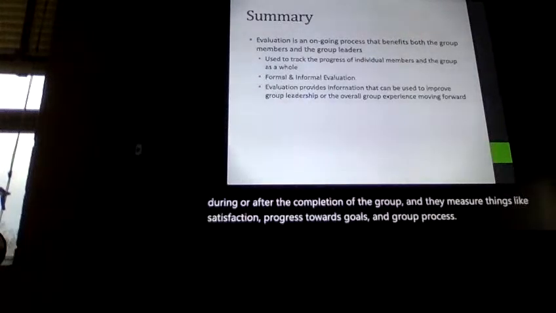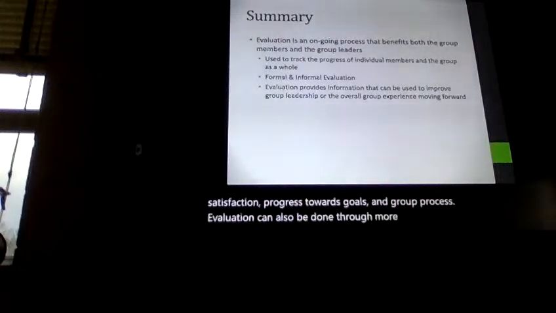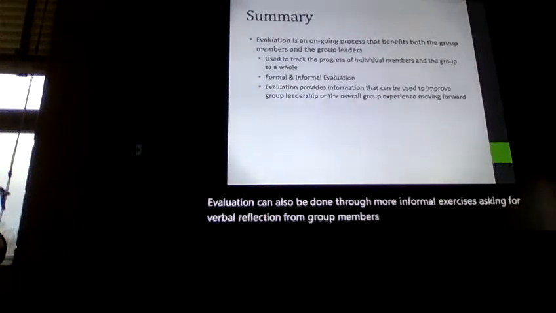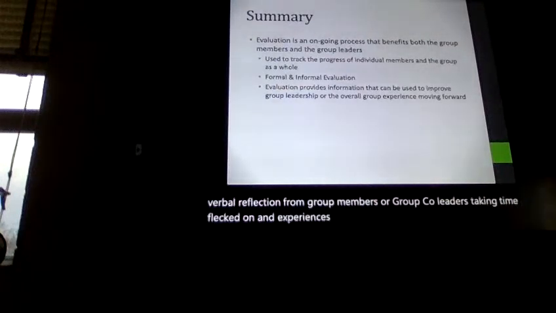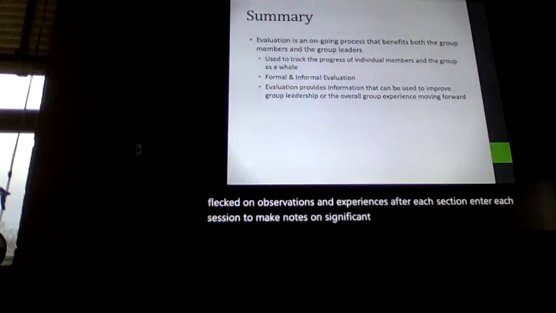Evaluation can also be done through more informal exercises, like asking for verbal reflection from group members, or group co-leaders taking time to reflect on observations and experiences after each session to make notes on significant events or opportunities to improve the group.